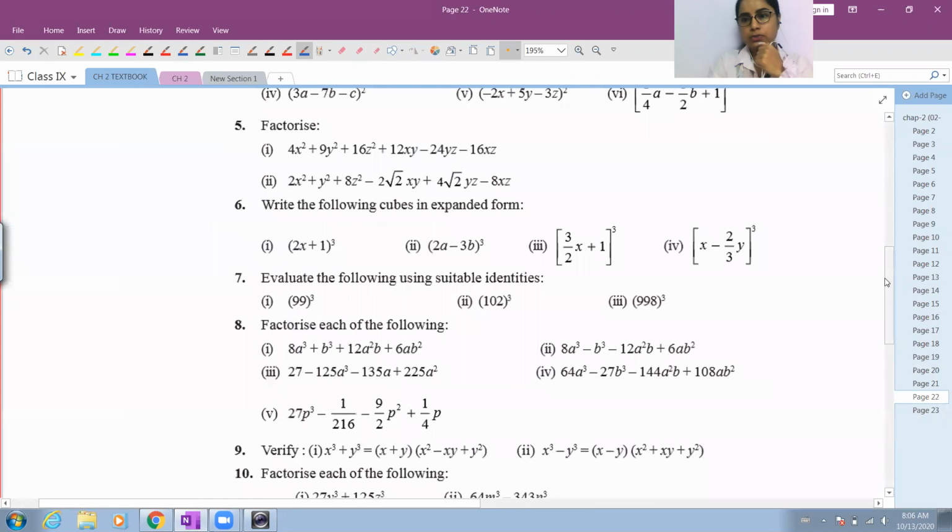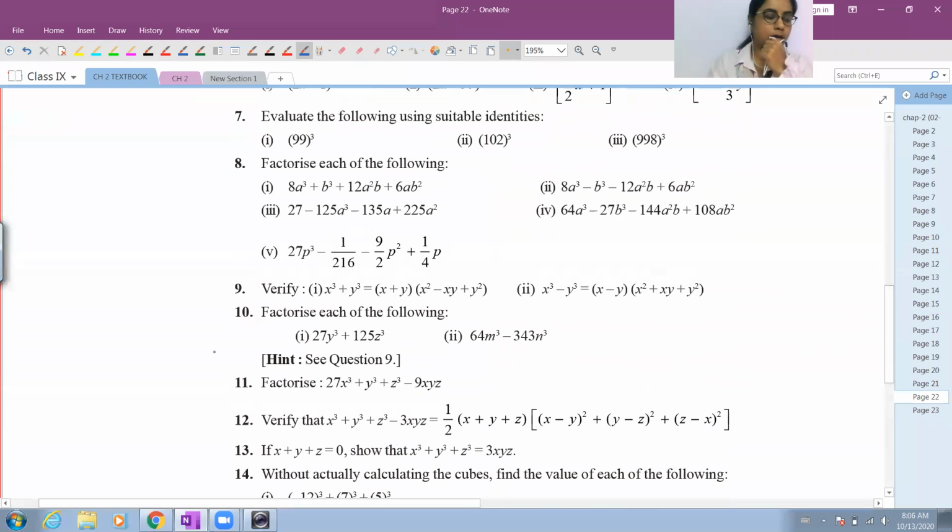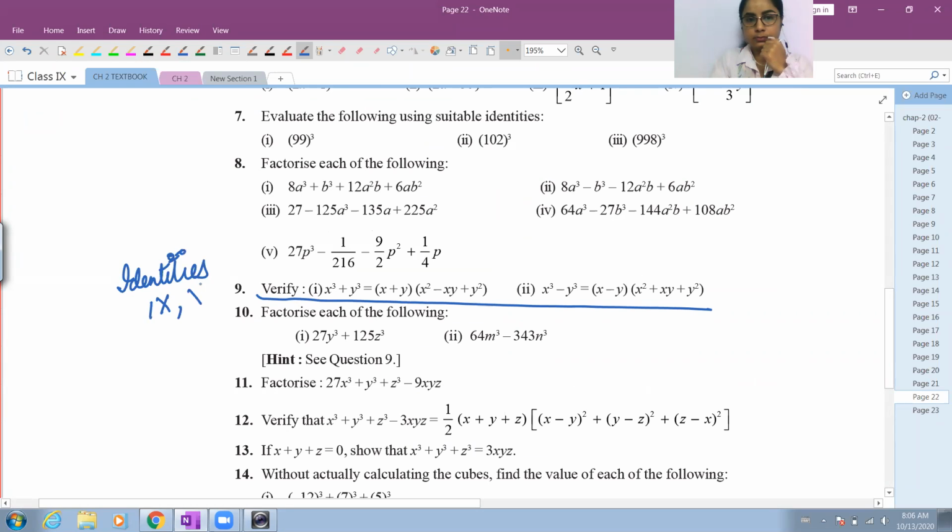Question number 9, please write these as identity number 9 and 10. So after the note, you can list these. And these are used for factorization.